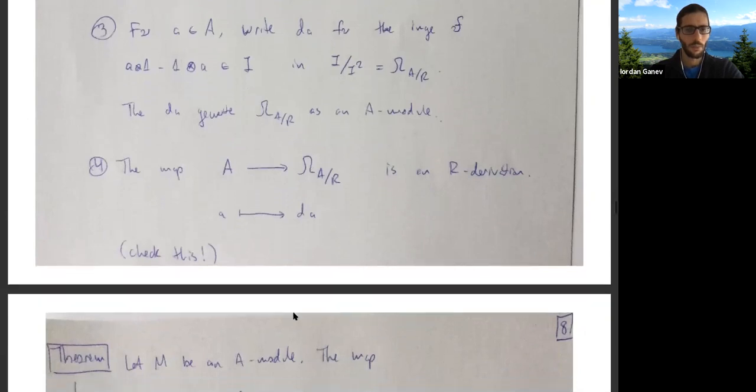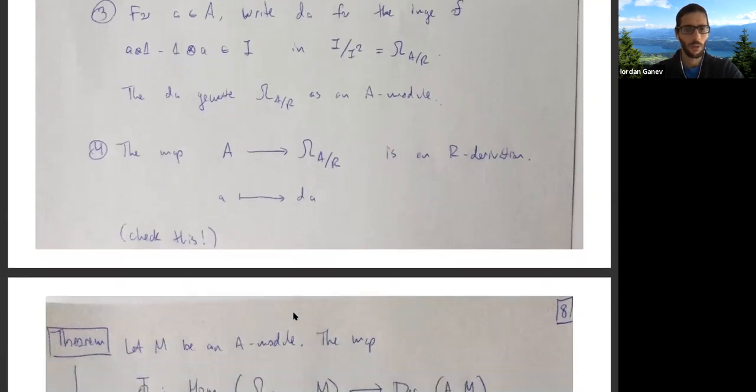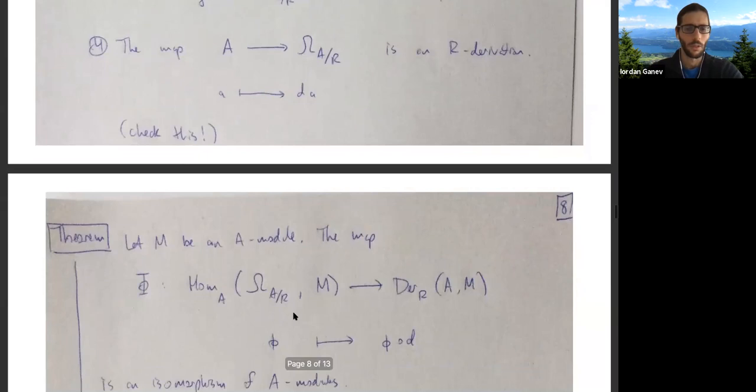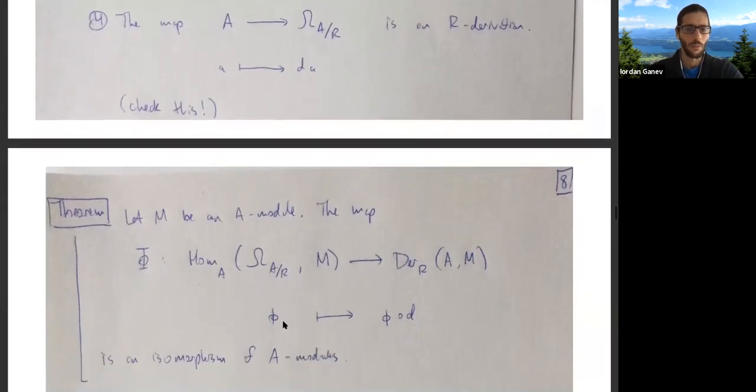One of the motivating reasons to study these Kähler differentials is the following result. If we have any A module M, then we're interested in understanding the derivations from A to this A module.